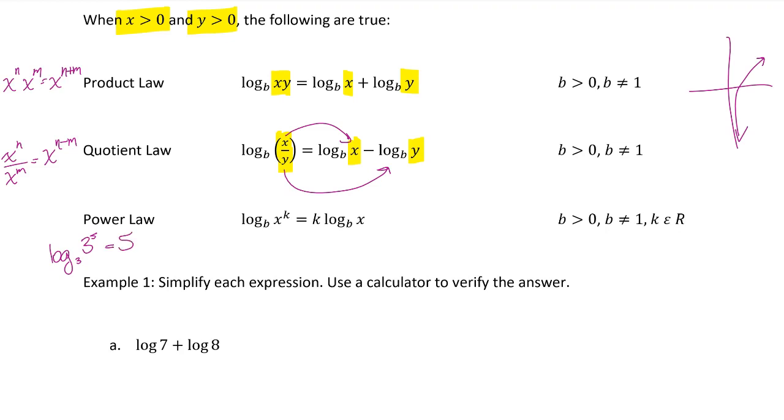Well, where that stems from, another way of thinking about it, instead of rewriting it in its exponential notation, is that if we use this law, we bring the 5 out and we leave log 3 of 3.